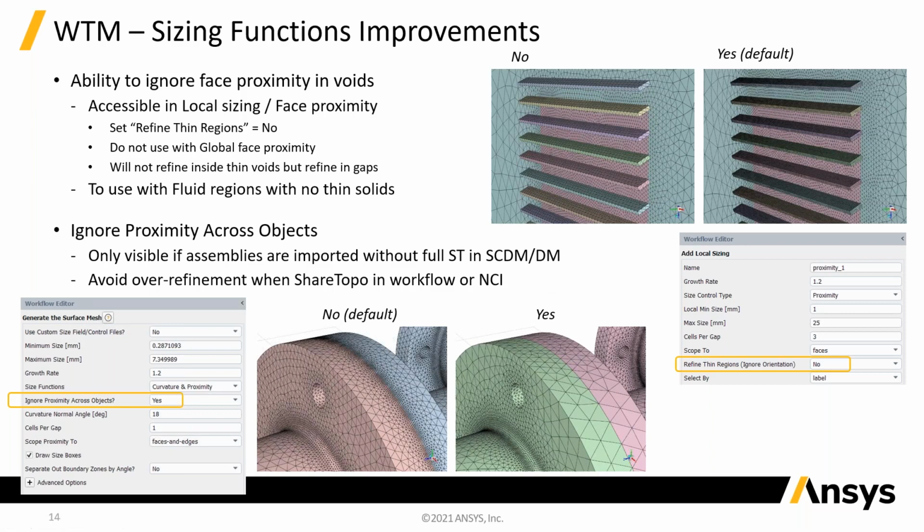And then finally, when you've got things in, and maybe the shared topology hasn't done such a great job, and you've got two bodies here, and you've got what appears like a small gap there, then you're getting a terrible amount of fine mesh here. Whereas if you say you want to ignore that across objects, you get the mesh you'd expect. So two very nice features.